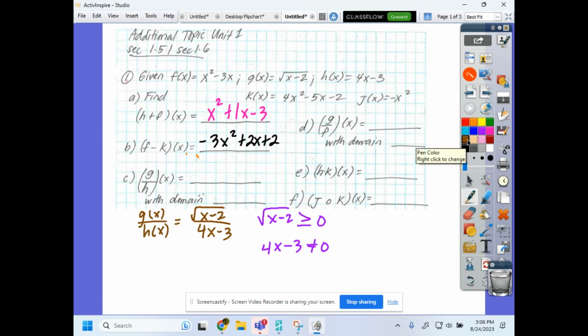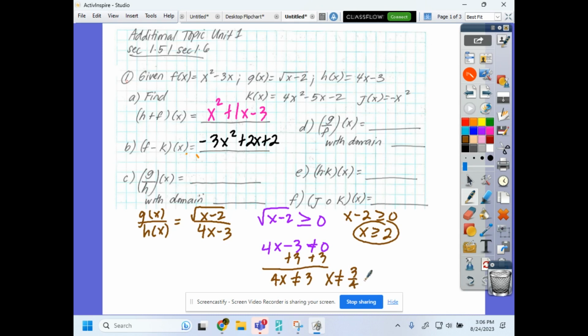Okay? So x minus 2 greater than or equal to 0, so that means x is greater than or equal to 2. And for this one, add 3 to both sides, then divide by 4. So therefore, x cannot be equal to 3/4. If you graph it, this is the 3/4 and this is the 2.